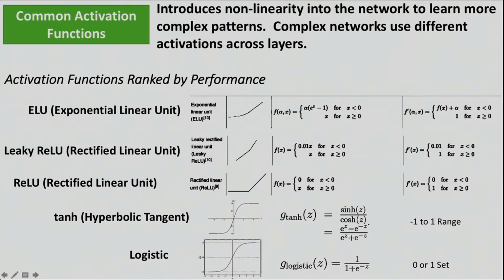There are 3 flavors of exponential linear units, and then a hyperbolic tangent, which looks sigmoid, and a logistic regression that should look familiar to you from supervised learning. Okay? You will see these when we go through examples of artificial neural networks, how we're using these for various activation functions in the network.